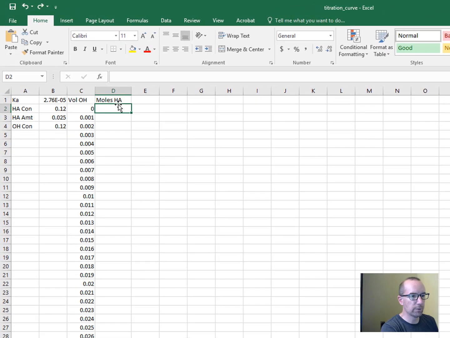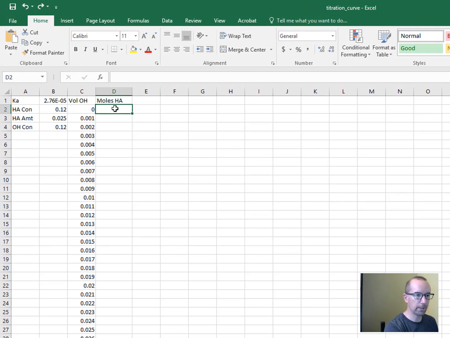The next thing I want to get is moles of HA, and that's already written in here. The way that I calculate moles of HA is equal to my original concentration, so that's what this is, multiplied by the amount that I have. That's the number that I should have.